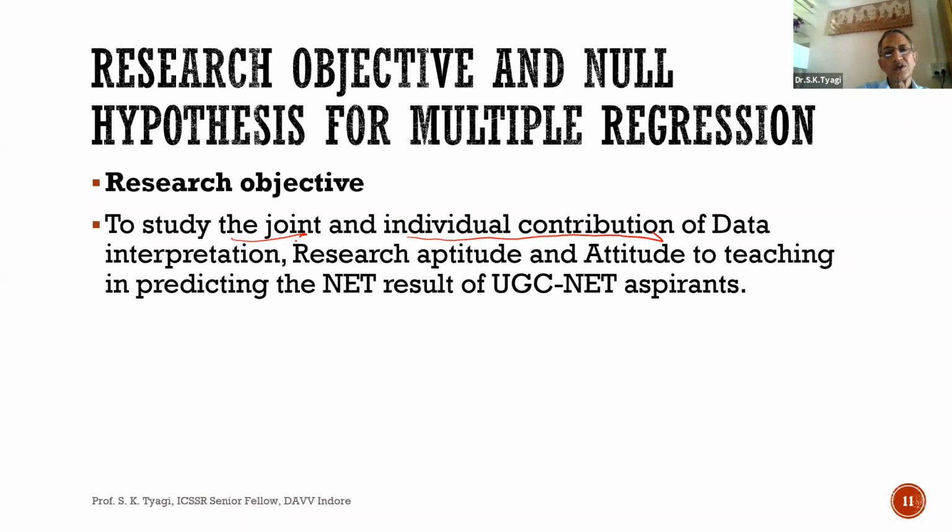Joint means the total, the model, the contribution of the whole model, taking all three variables together. And individual contribution is the contribution of each of the variables separately. So to study the joint and individual contribution of data interpretation, research aptitude, and attitude towards teaching in predicting the net result of UGC NET aspirants.